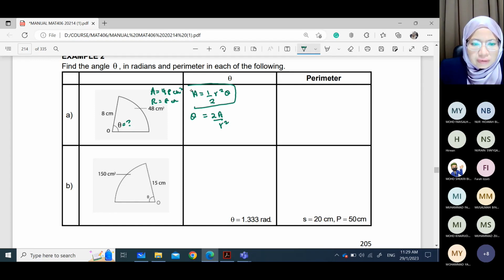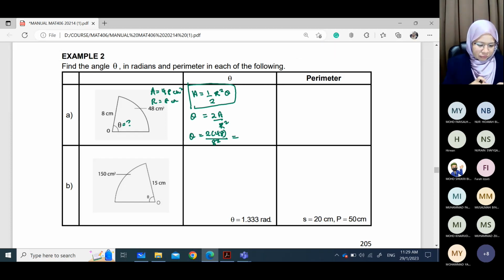Ni formula bagi area. Alright. So masukkan nilai A dan juga R. Kita guna R besar kan? Boleh je R besar kecil, tak ada masalah. Janji tahu R tu adalah radius. So theta sama juga dengan 2A over R squared. So 2 times 48 over 8 power of 2. So the theta is 2 times 48 divided by 8 squared.